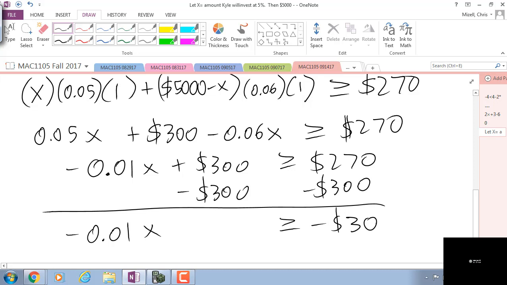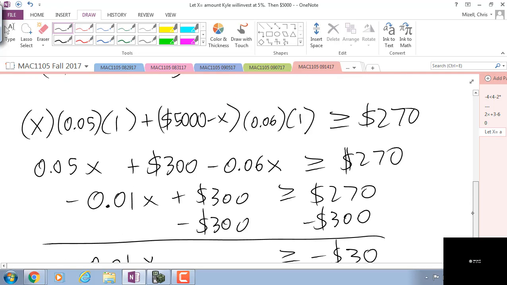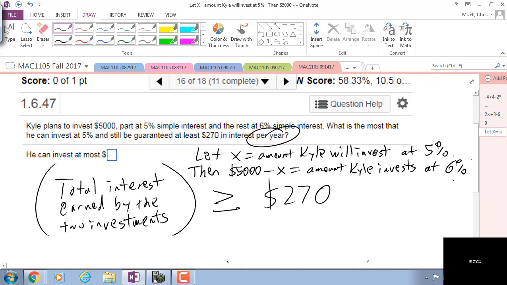$30. At this point, if we were dealing with quantities on the two sides of the inequality and they had opposite signs, and depending on how this problem might have been stated, it's possible that we could be dealing with opposite signs there. It would indicate a negative amount to be invested, which simply means it's not possible. I would dare say, let's see, we know 6% of $5,000 is $300.